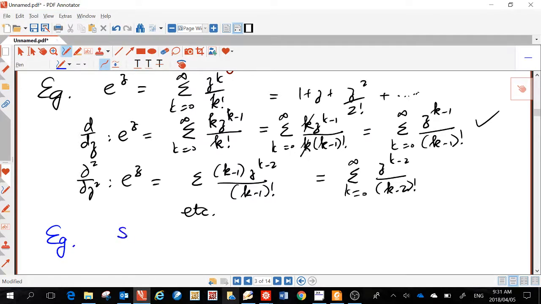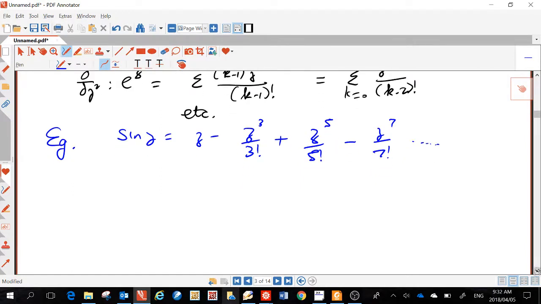Let's take sine z. We said that that's z minus z cubed over 3 factorial plus z to the 5th over 5 factorial minus z to the 7 over 7 factorial, etc. If you differentiate this, d dz, you get cos z, and that's 1 minus z squared over 2 factorial plus z to the 4th over 4 factorial minus and so on.